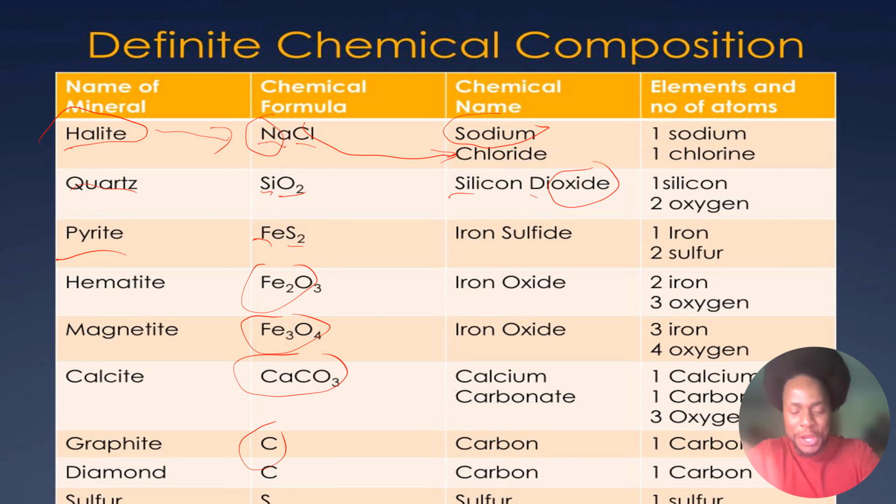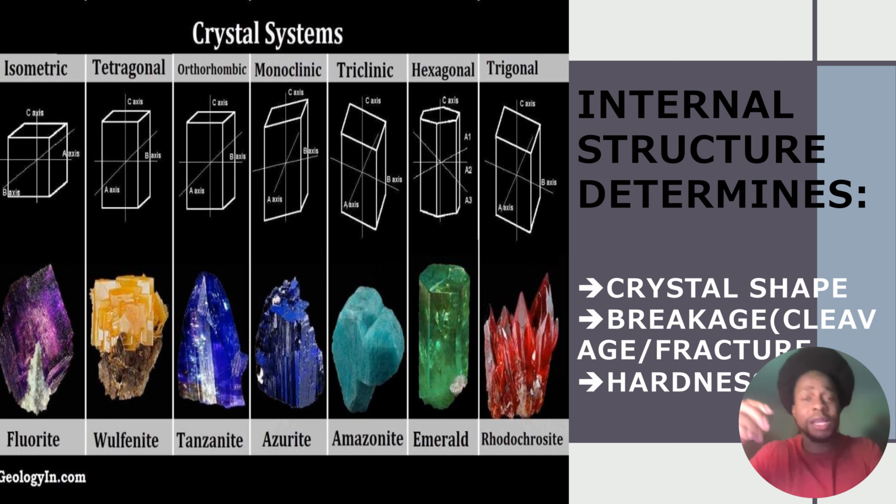That's the idea here. And then we said a mineral must have a definite internal structure. This means the way the atoms of the mineral are arranged internally. Now, this internal structure will determine the crystal shape of the mineral and the breakage of the mineral, how the mineral breaks. Minerals can break in two ways. Minerals can break by cleavage, or minerals can break by fracture.